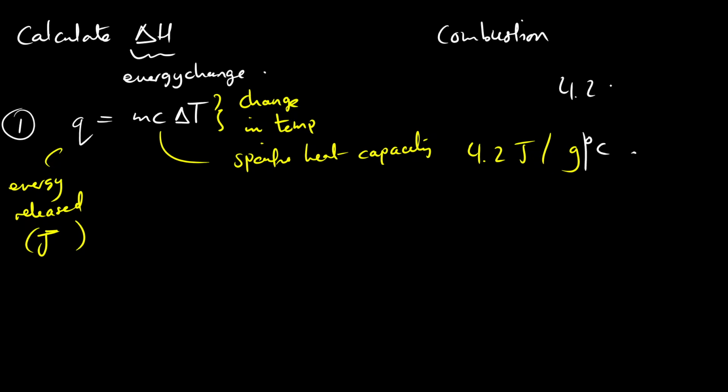Or if you want to go all maths about it, you can have this g^-1 and °C^-1. But anyways, that's the specific heat capacity. And m is in reference to the mass of surroundings. Probably wondering, what do I mean by mass of surroundings?